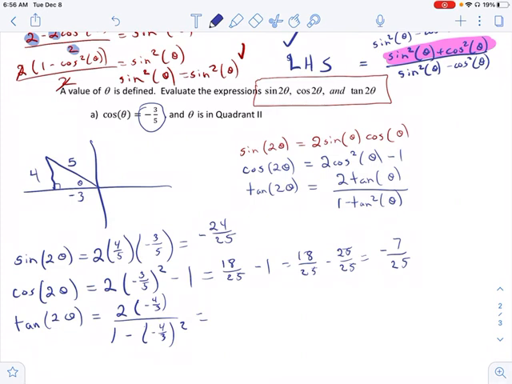So I get negative 7 over 25. And then this one goes through a similar process. We could square, and we're probably going to want to find a common denominator in the bottom and multiply by the reciprocal. But at that point, I think we should be okay to succeed from there.